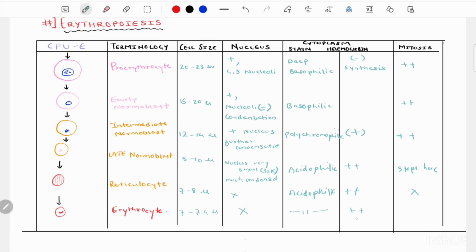Hemoglobin is there, obviously. It takes 2 days for the reticulocyte to become a mature erythrocyte. And from proerythroblast to reticulocyte, it takes 5 days. So in total, erythropoiesis is a 7-day long process.